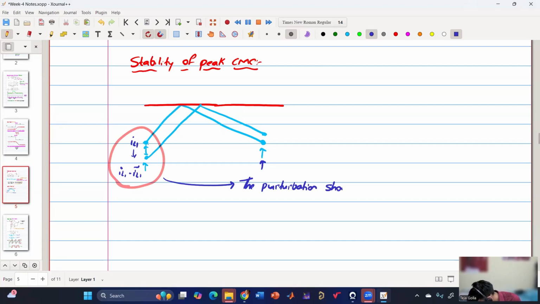If it doesn't decay, then the perturbation keeps on increasing and the system is unstable.